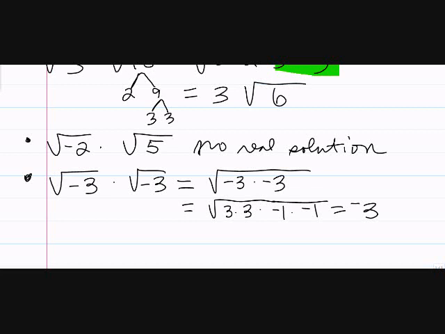Yes, ma'am. Negative 3 is 3 times negative 1. Well, it's because the square root of negative 3 is not defined. But this is kind of a special case where we can define.